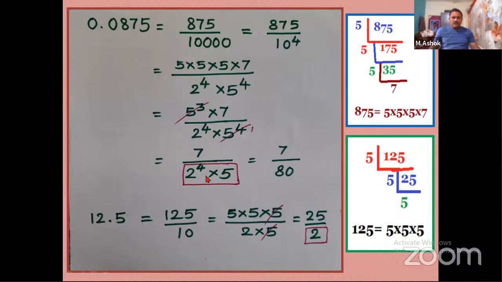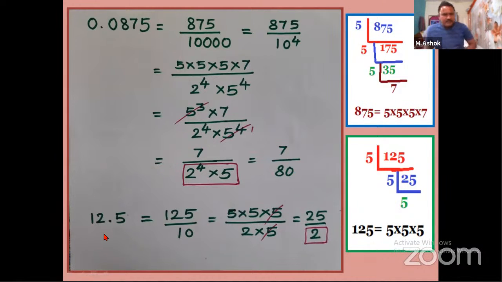In this one, both are appearing. After all these 4 examples, we will come to some conclusion. Now 7 by 2 to the power of 4 is 16, 16 fives are 80. So 0.0875 in the p by q form is 7 by 80.